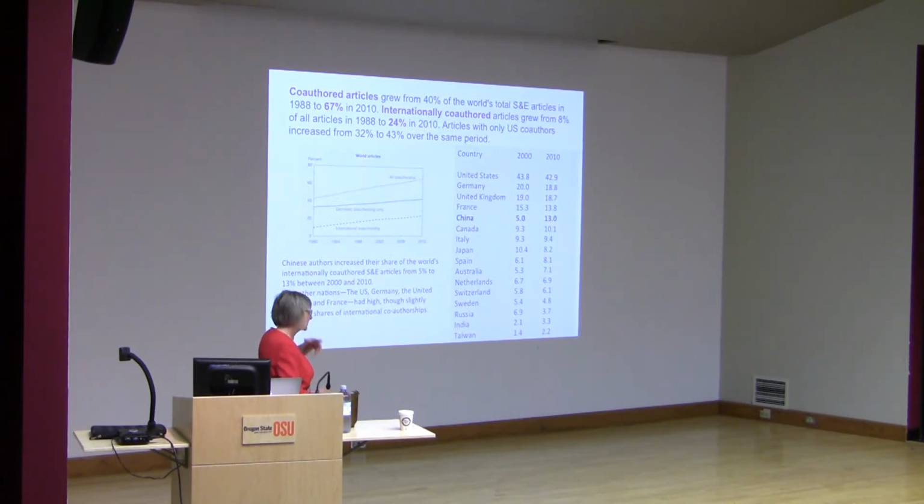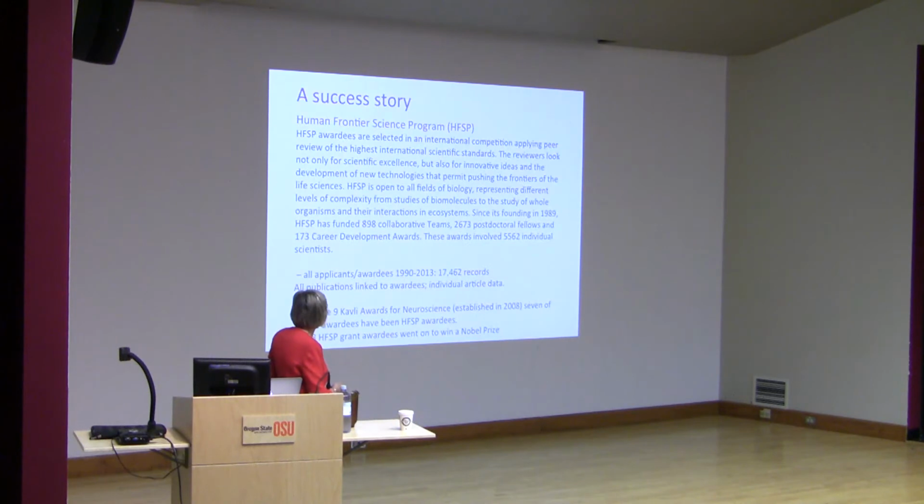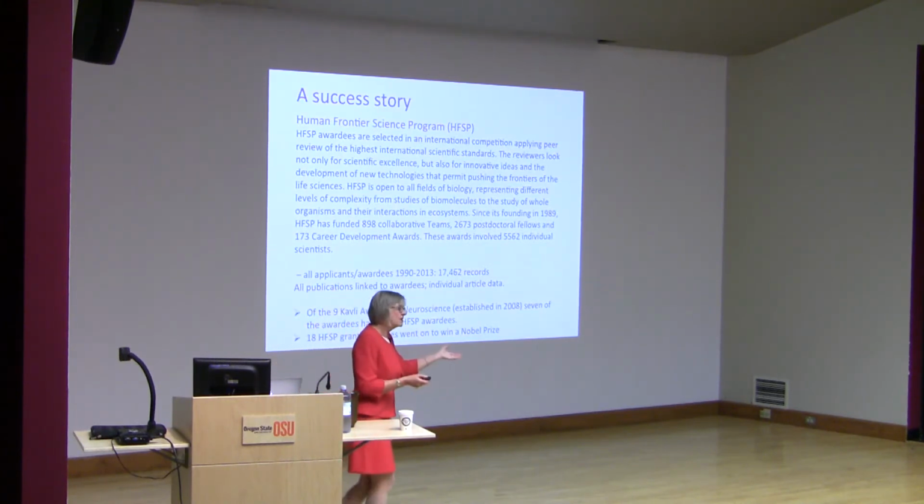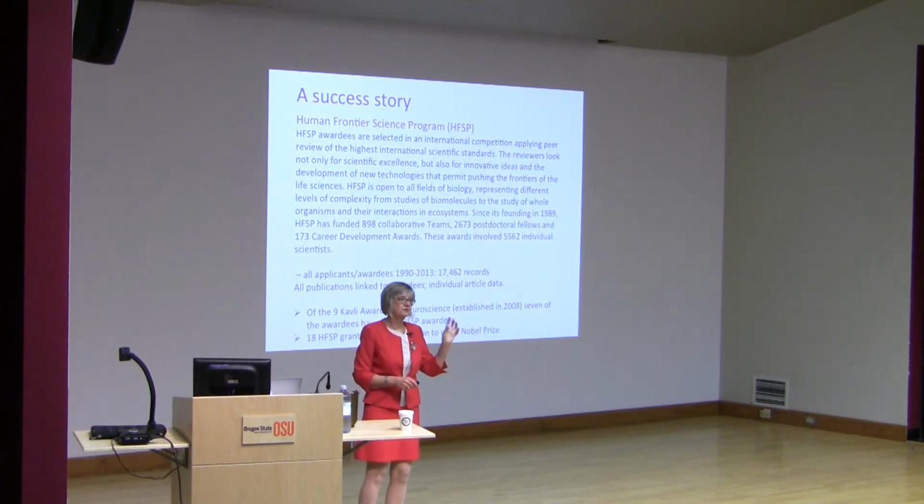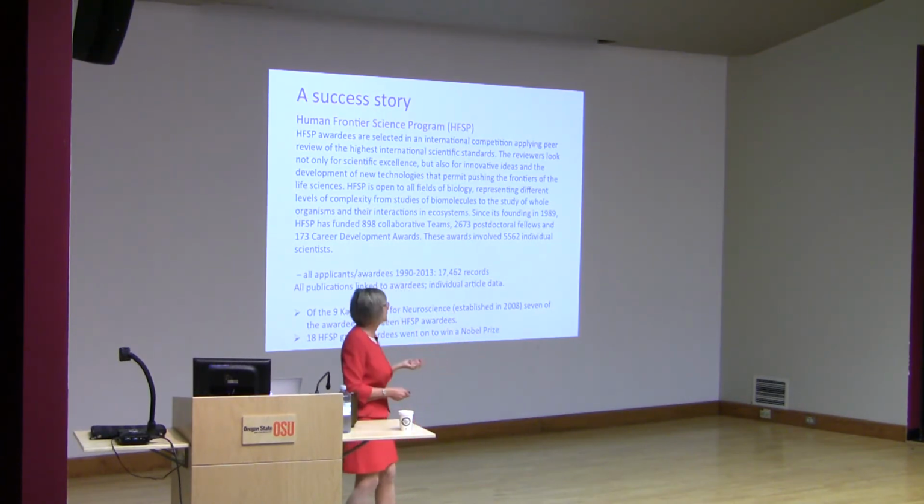And also if you look at countries that are less advanced in the sciences, for instance China, you can see that their co-authored articles really go up. So they now combine a lot of Chinese science with science somewhere else. Let me show you what I think is a real success story when it comes to team and interdisciplinary sciences.